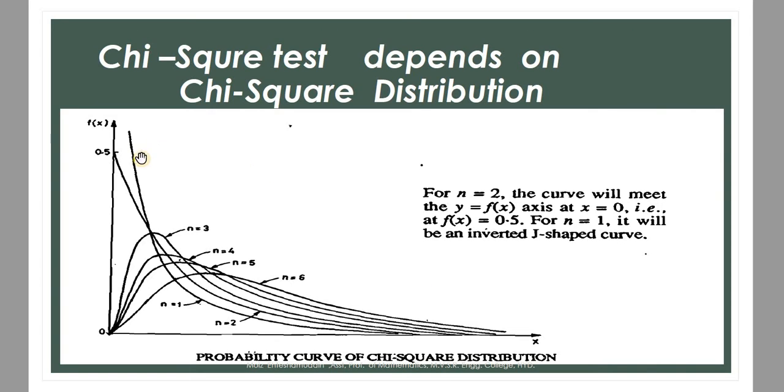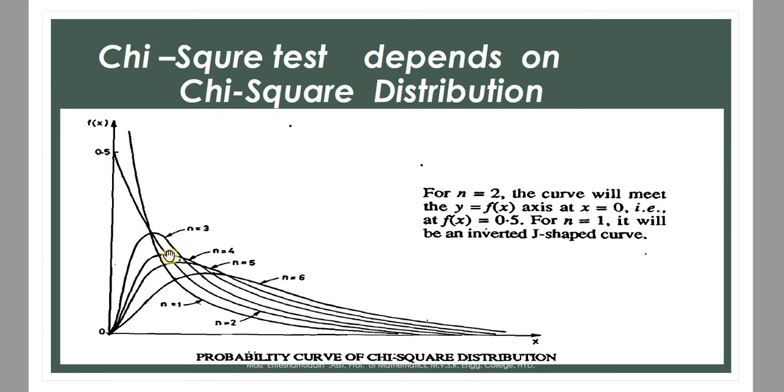And this is the graph of some chi-square distribution curves. For n equal to 1, it is just this curve. For n equal to 2, it is this curve which is touching the f of x axis at 0.5.